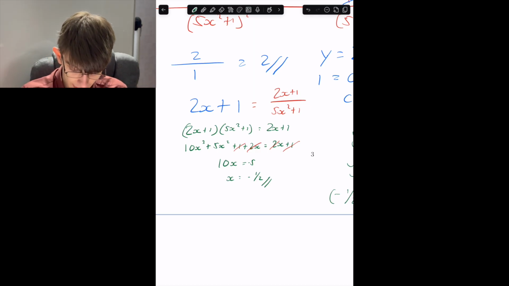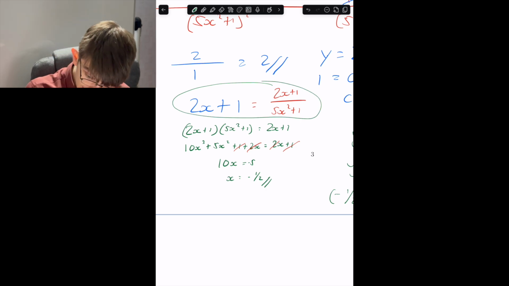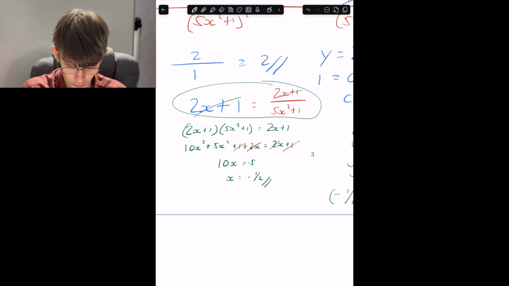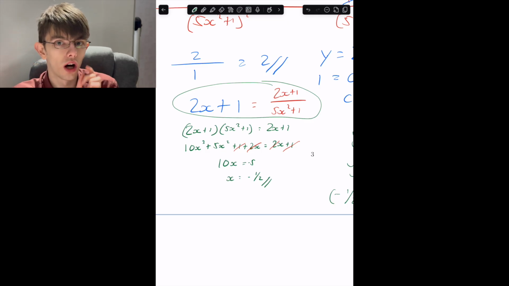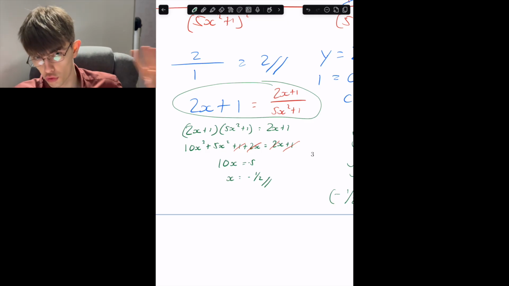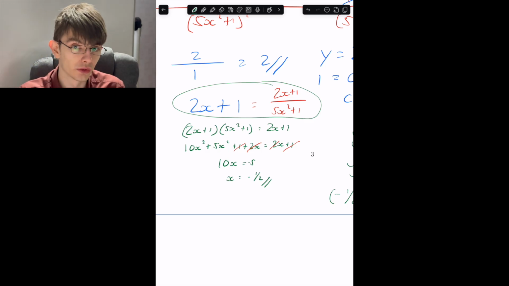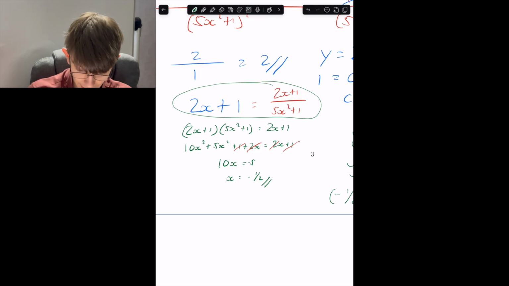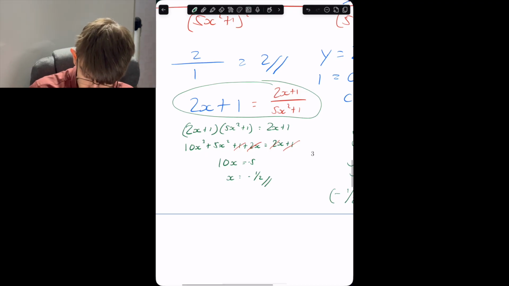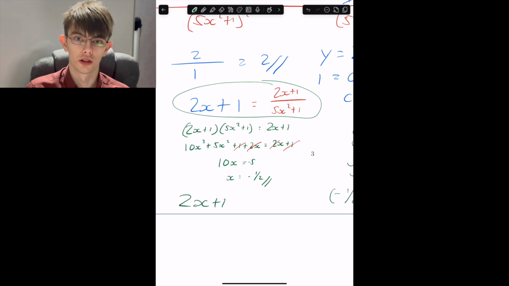What's truly happening is, yes, we have an equation that looks like we can just cancel, but graphically, there are solutions that you're hiding away by doing so. It's true for trig equations, and it's true for these as well. So if you're ever cancelling in equations, you always need to consider the case where the cancelled factor is zero. By that I mean, consider the fact that 2x plus 1 equals 0 is also a solution.